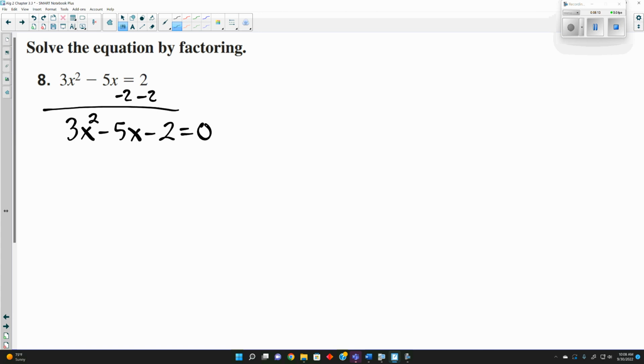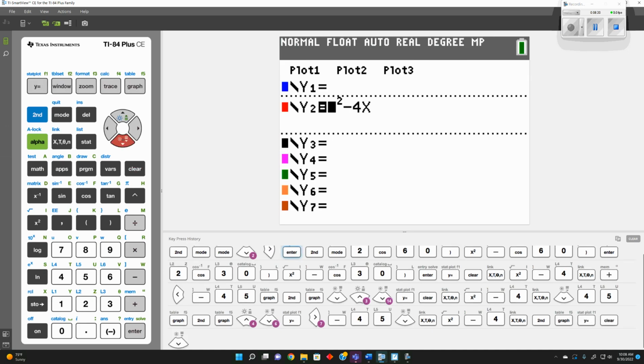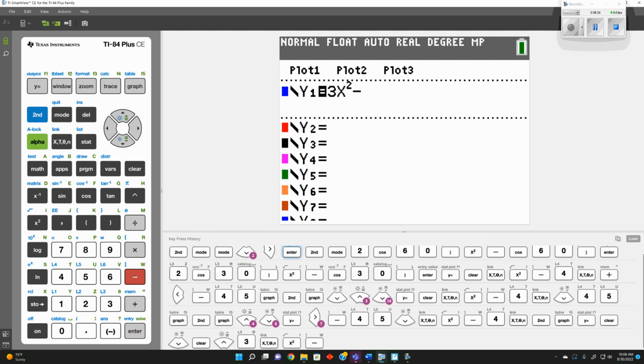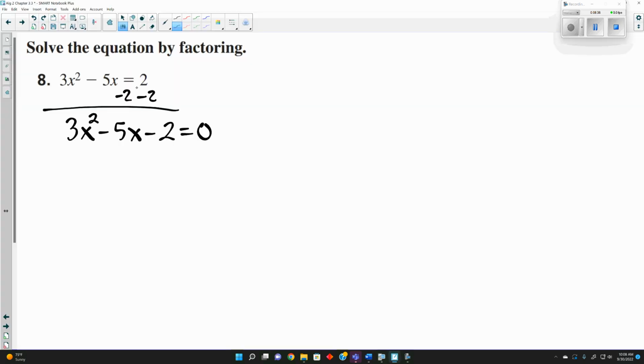So we can plug 3x squared minus 5x minus 2 into the graphing calculator.